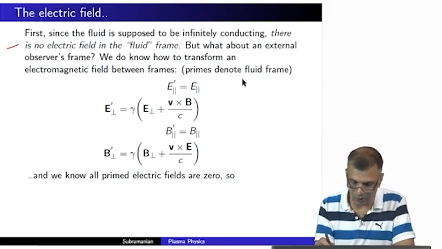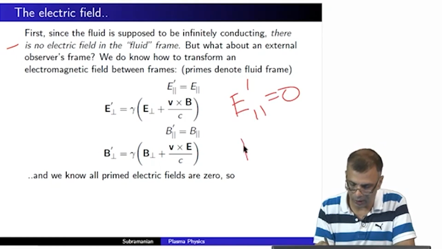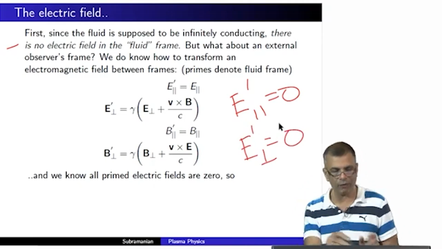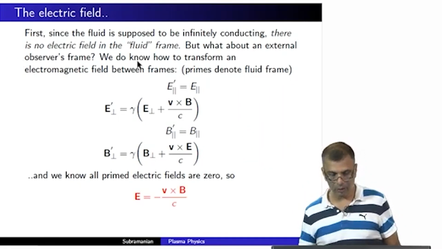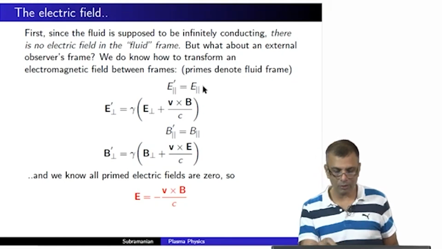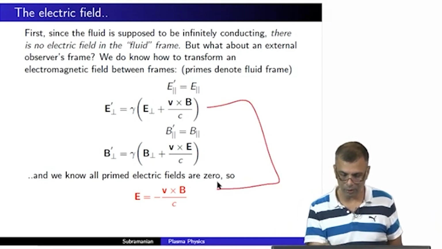So in other words, E parallel prime is equal to 0 and E perpendicular prime is also equal to 0 by definition. Therefore, you get, so E parallel is already 0, so directly from here you get this.